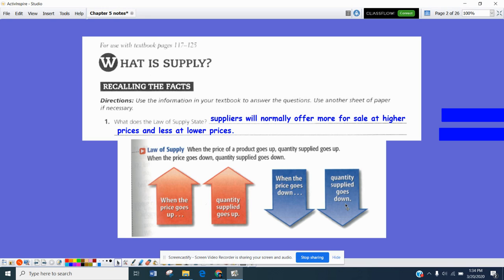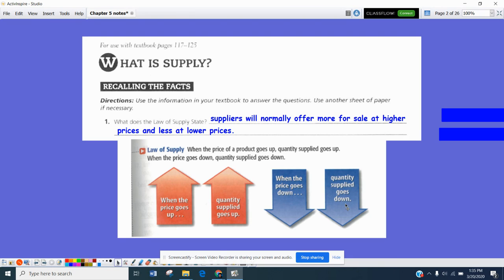If you remember the law of demand, price and quantity had an inverse relationship. When one went up, the other went down, and vice versa. Whereas in the law of supply, they're not inverse. They're going in the same direction. The law of supply really benefits business people, the store owners and such.